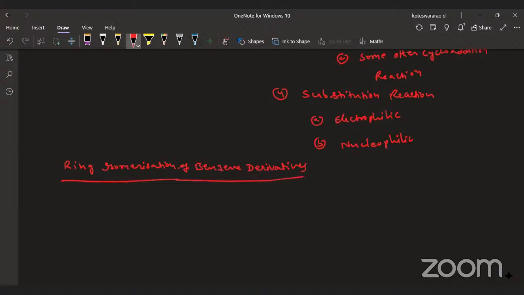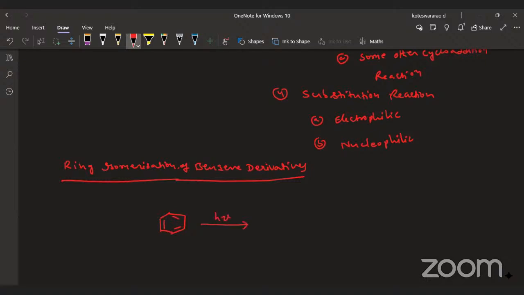Benzene or benzene derivative: first you take the benzene. It is subjected to light irradiation.